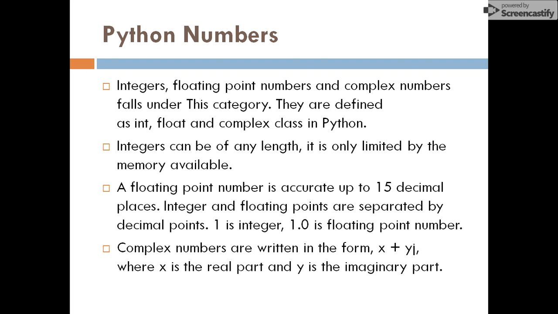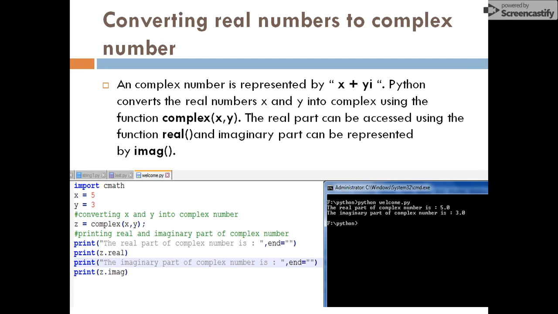And the third category is complex numbers. Complex numbers are written in the form of x plus yj, where x is the real part and y is the imaginary part. Integers and floats have been discussed earlier, but we are just going to discuss what complex numbers are and how we can convert real numbers to a complex number in Python.